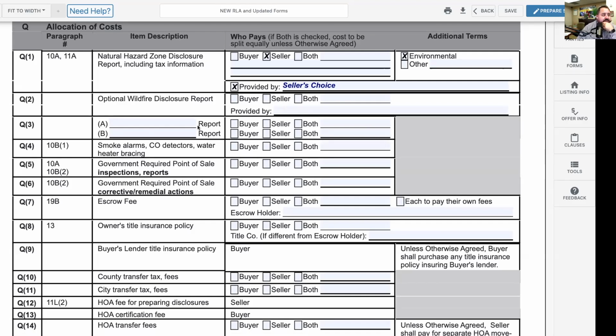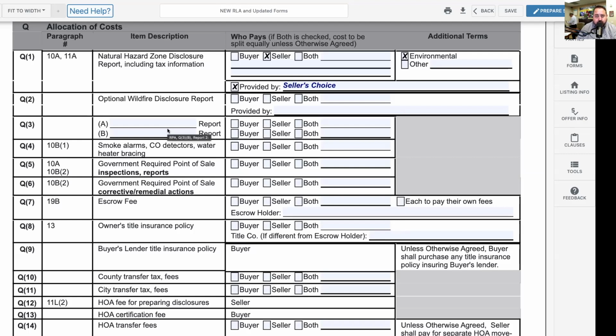These two things are any other report that you may want to request for the seller to pay for and provide. Now, I know that I tell you guys anytime I can, we're talking about strong offers here. Do not request the termite report in your purchase agreement.